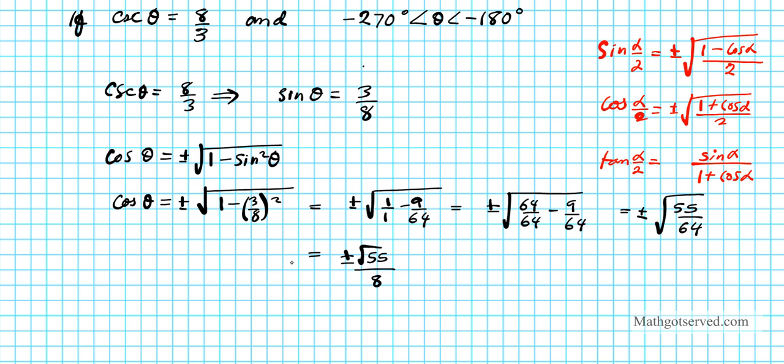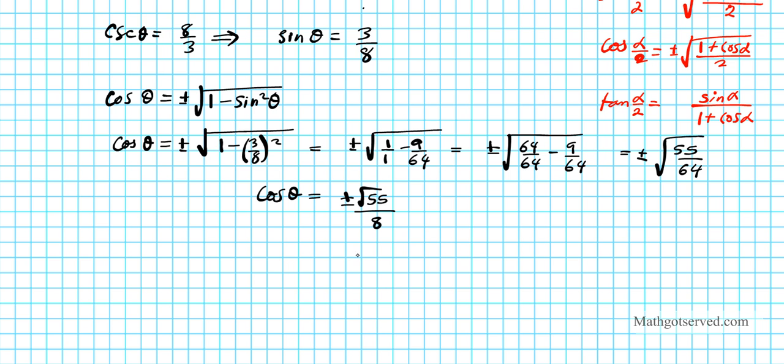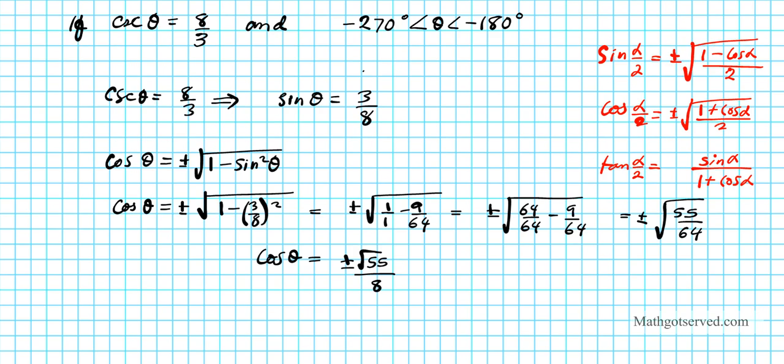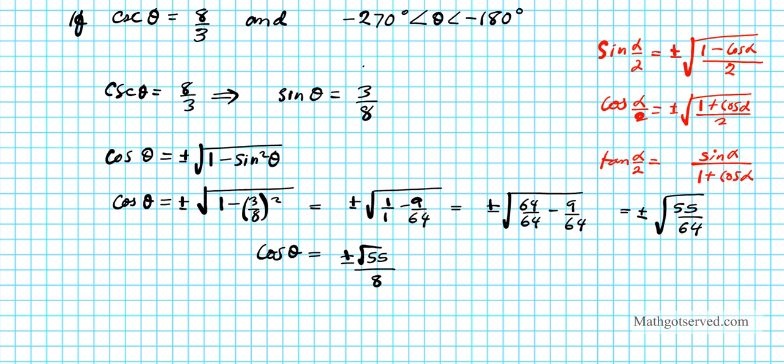So the question is, is cosine theta positive or negative? Well, we have to look at the quadrant that theta resides in, right? So let's make our coordinate system. So we're going from negative 270 to negative 180. So this is 0. Since it's negative, we're going to be going counterclockwise. So 0, negative 90, keep on going, negative 180.